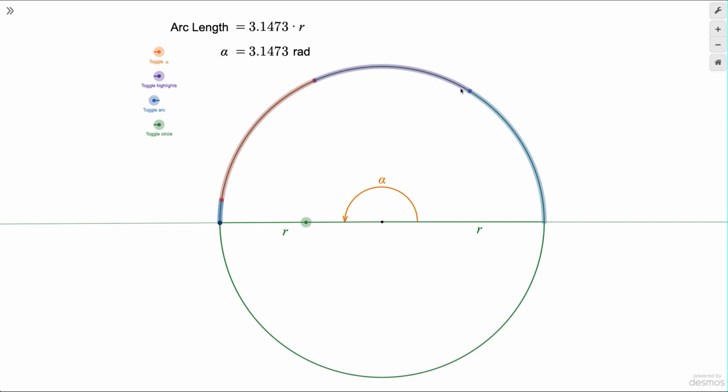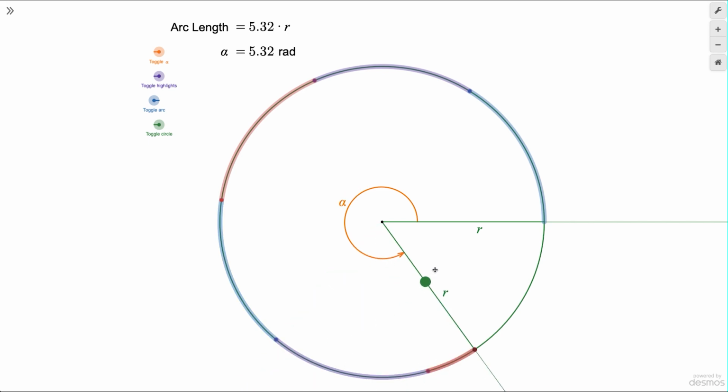There's 1 diameter here, and then another diameter here, and then another 2 radius lengths. That would be 3 diameter lengths to go around the circle, and then about 3.14 diameter lengths go around the circle. So that's the definition of pi: how many diameters it takes to go around a circle.